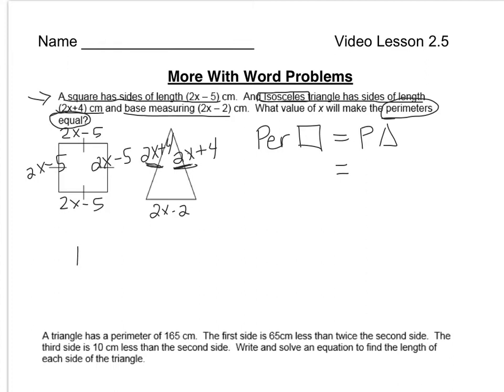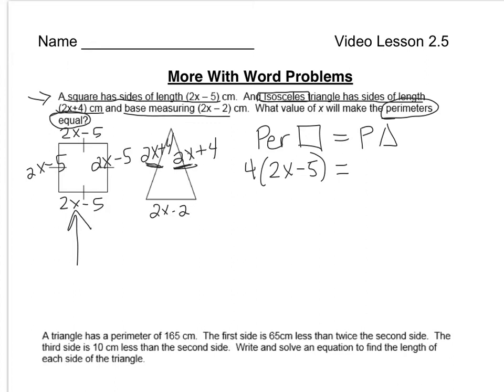Well, with this square here, you have 4 sides that are all 2x minus 5. So rather than writing 2x minus 5 plus 2x minus 5 plus 2x minus 5 plus 2x minus 5, we'd probably be better off writing 4 times 2x minus 5 to represent the 4 sides that are that length.